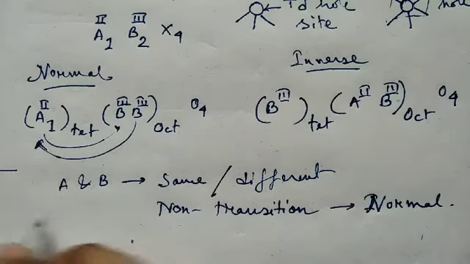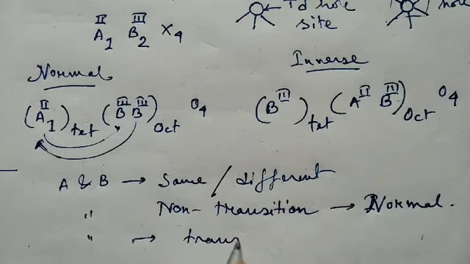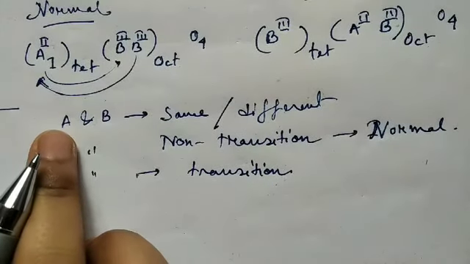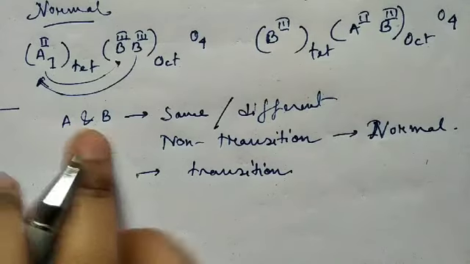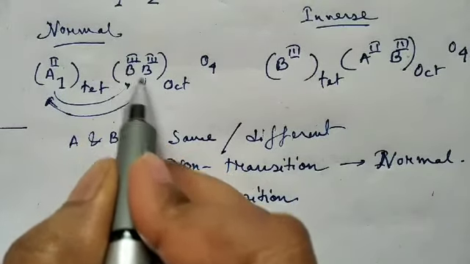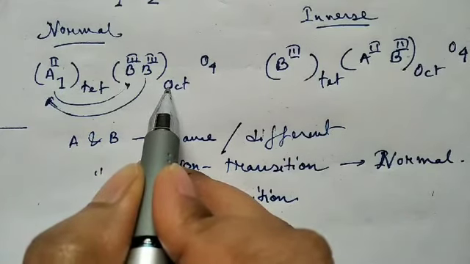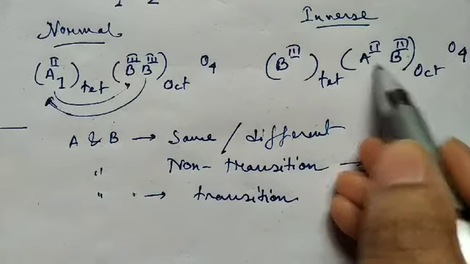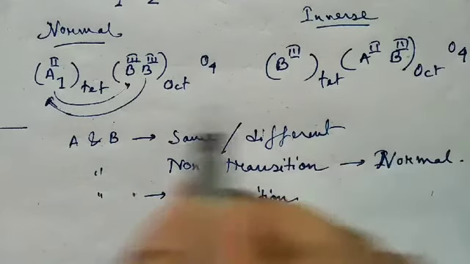And if these metals are transition metals, then what we have to do? We have to check the CFSE of these dipositive and tripositive cations. If the tripositive cation in the octahedral hole has more CFSE than the dipositive cation in the octahedral hole, then it will be a normal spinel.